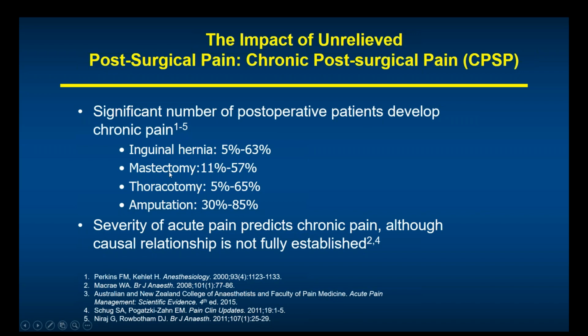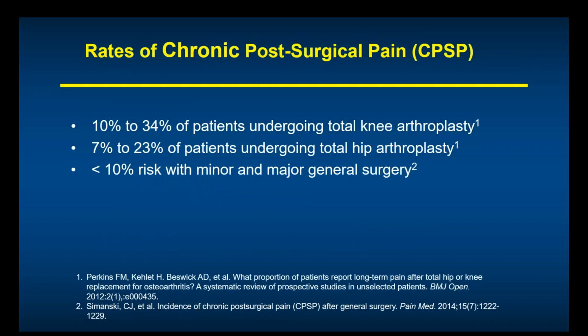For example, inguinal hernia has a risk for transitioning into a chronic pain syndrome, mastectomy, thoracotomy, and amputation. Severe acute pain predicts the likelihood or is a culprit in the transition of acute pain going to a chronic pain state. Another example of chronic post-surgical pain relates to total knee arthroplasty.